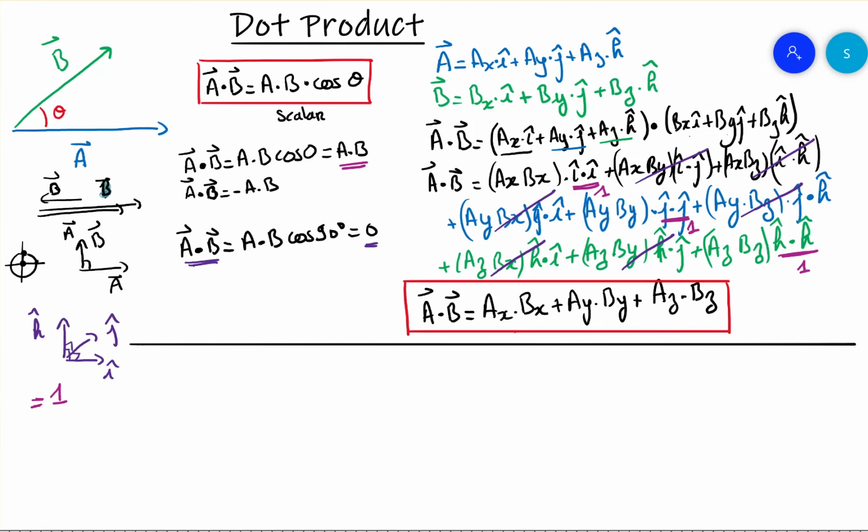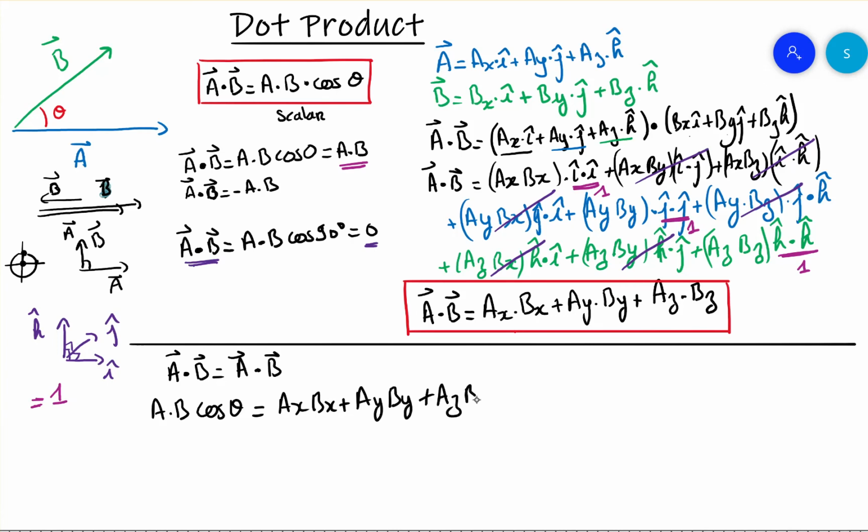So if you write that a dot b is equal to a dot b, that we all agree with, and we take on the left the first formula, and on the right the second formula, it means that if we have any unknown, just one in this formula, we are able to find it.